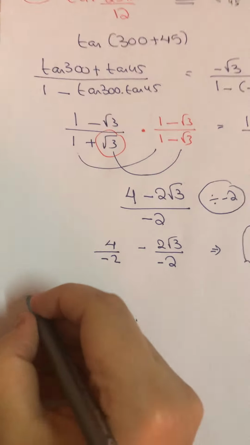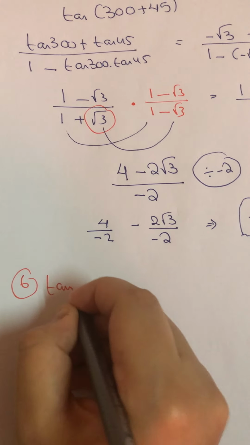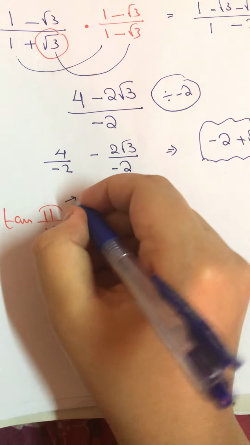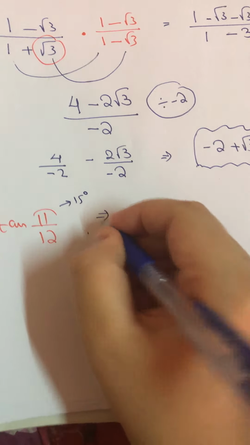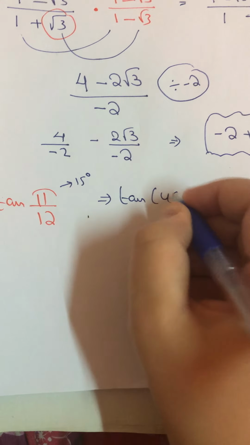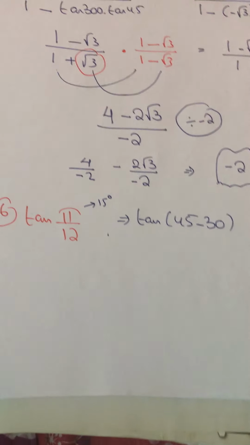So regarding question number 6, I have tan pi over 12. And pi over 12 is very popular. It's just 15 degrees. How will I get 15 degrees? I can do it by tan 45 minus 30, which is a perfect one.